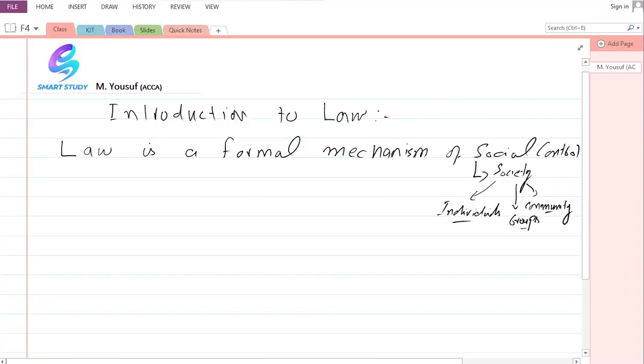All these elements make a society. Whoever is living in a society has his own rights. Whether they are individuals, a bunch of individuals like groups, or a whole community, they all have different rights attached to them.